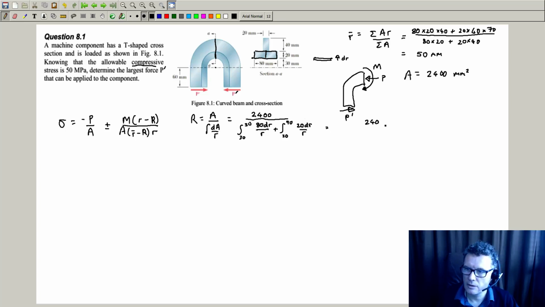So we got this all over 80 natural log 50 over 30 plus, it's no great hardship actually, 20 natural log 90 over 50.